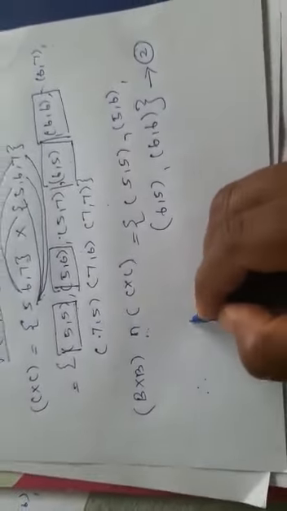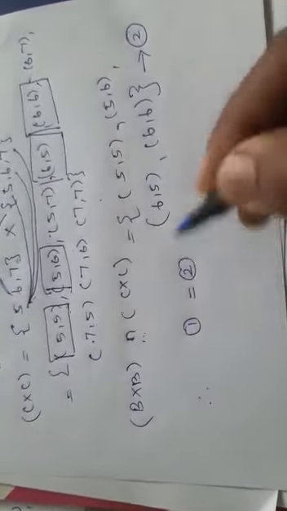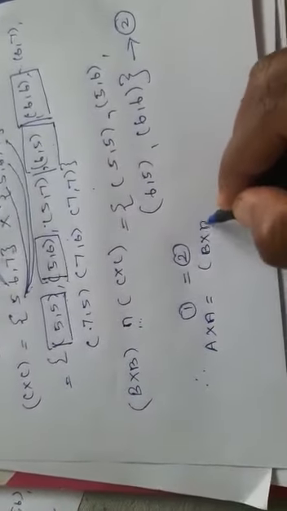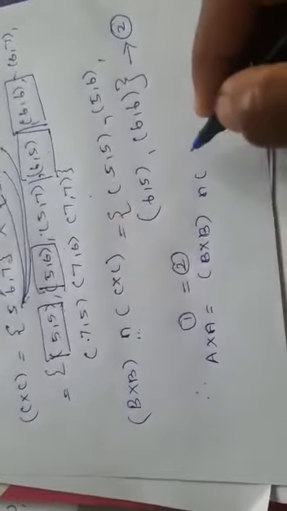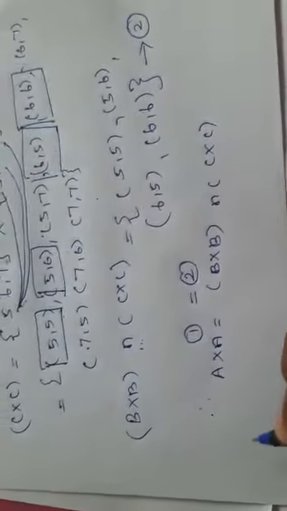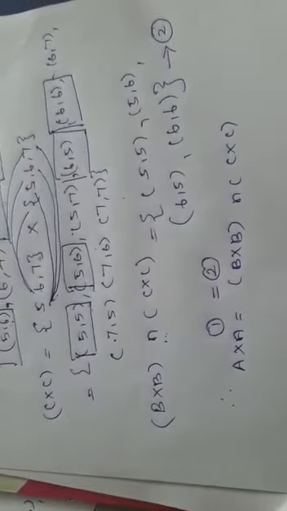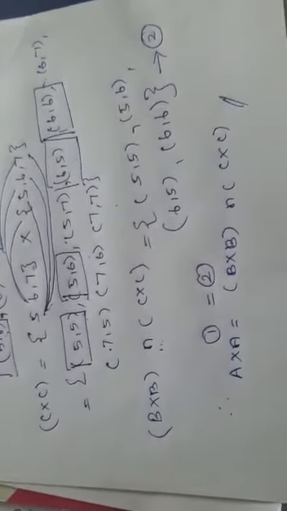That is, equation 1 equals equation 2. Therefore, A cross A equals B cross B intersection C cross C. Therefore, we proved LHS equals RHS. That's all, children.